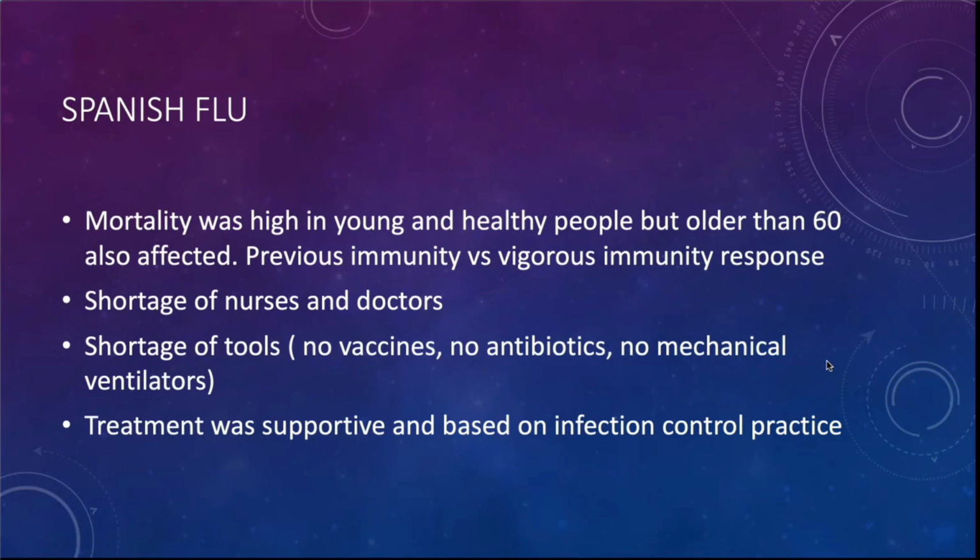As far as the healthy patients, they had a more vigorous immune response that accounted for some cases of ARDS and respiratory compromise. Unfortunately, at that time, as we say, there was a shortage of nurses and doctors. There was a shortage of tools. There were no vaccines, no antibiotics, no mechanical ventilators. The treatment was mainly supportive and based on infection control practices.